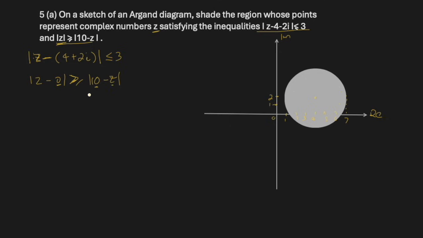So I can write z minus 0 remains z minus 0 greater than or equal to, here I can write minus z minus 10. That doesn't make any difference because the modulus looks at the reference distance, not the sign. So z minus 10 from 10. So if this is 7, 8, 9, I'll have to go further, and this is 10.